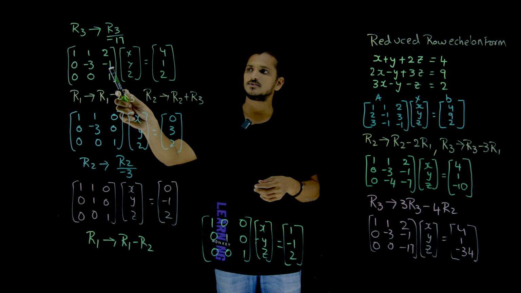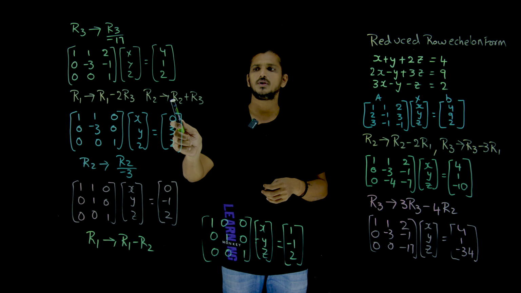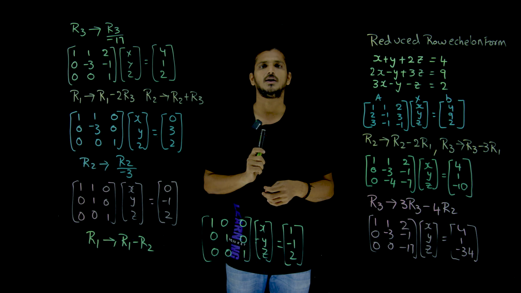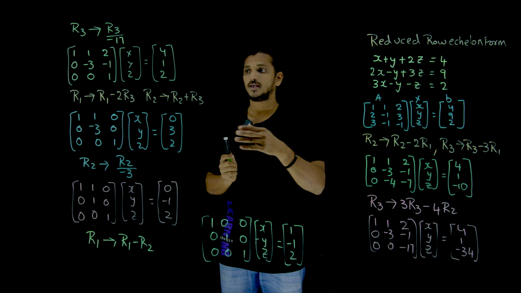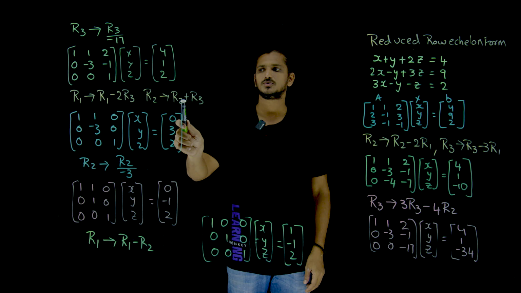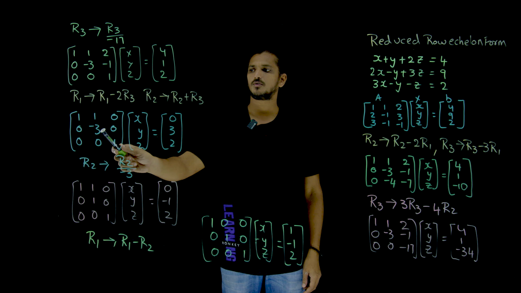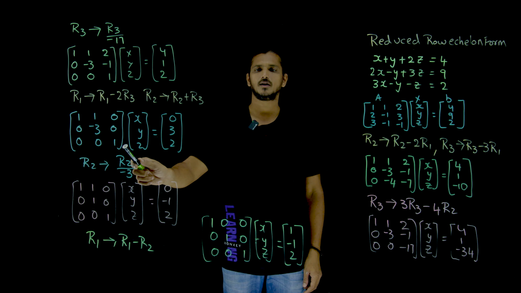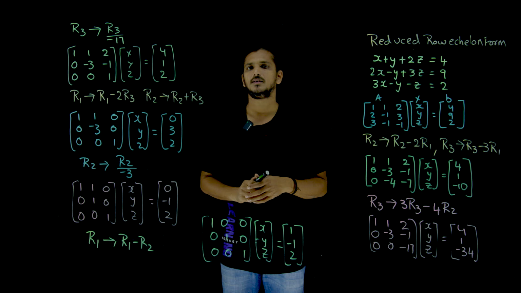Similarly, if you want this as 0, 1 plus minus 1 is 0. Row 2 equals row 2 plus row 3. After applying these two row operations, we get 1, 1, 0, 0, minus 3, 0, 0, 0, 1. And 0, 3, 2 are the terms which we got at b.